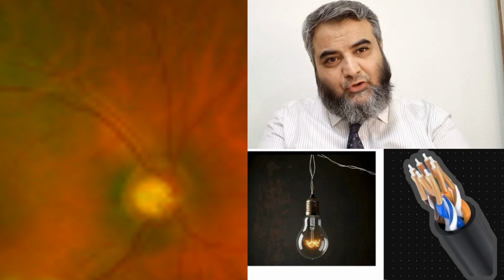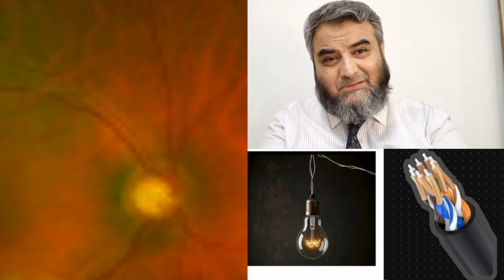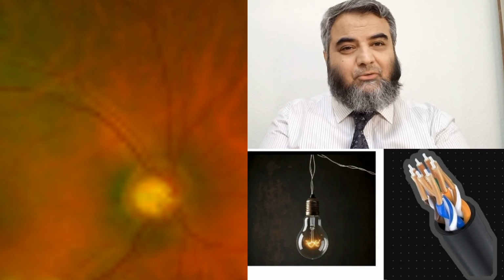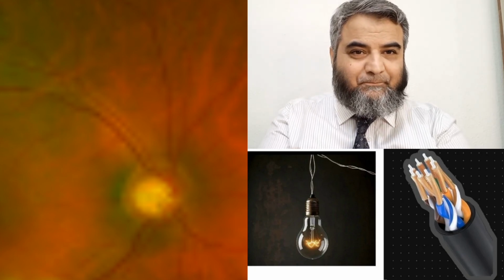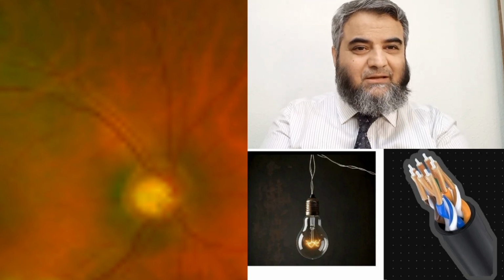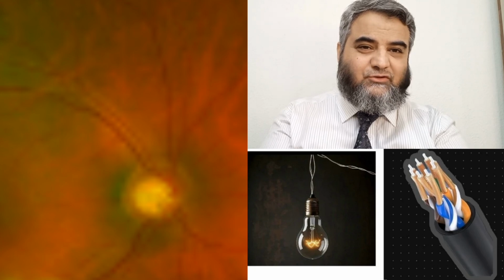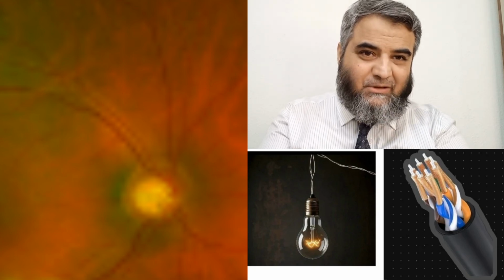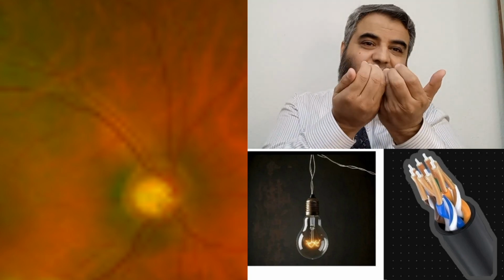And this process continues. If they keep on using medicines and the pressure remains persistently high, they keep on getting damage, and ultimately the optic nerve, which usually gives us a pink appearance, turns into a pale, chalky white structure. The damage is so much that we say it gets excavated.